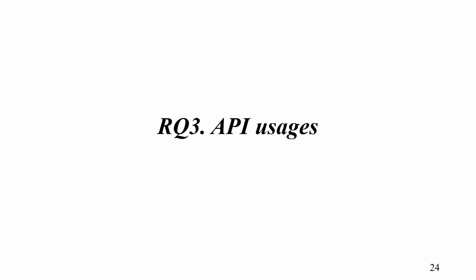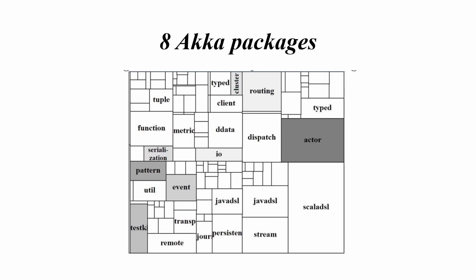Research question 3. What APIs do actor bugs use? We find that our actor bugs mostly use 8 Akka API packages, ranging from the package actor to serialization to routing.